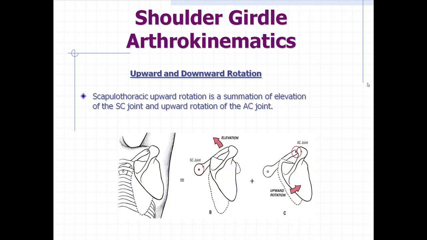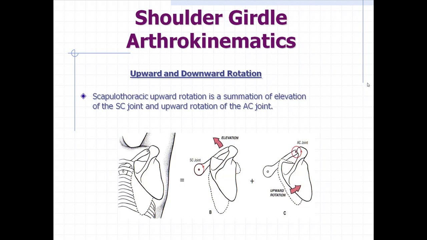Upward and downward rotation refers to the rotational movement of the scapula itself. So movement of the inferior angle away from the midline is lateral rotation or upward rotation, and movement of the inferior angle towards the midline is known as downward rotation or medial rotation. As we move into lateral rotation, there needs to be a superior movement of the acromion process relative to the clavicle.